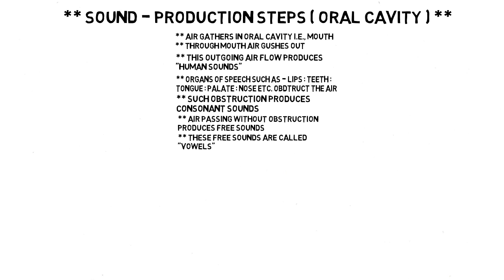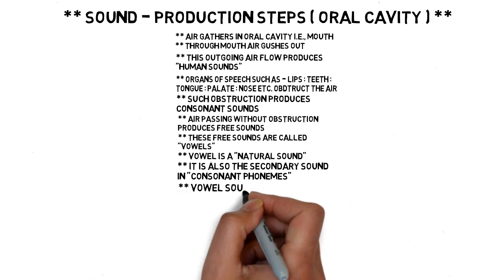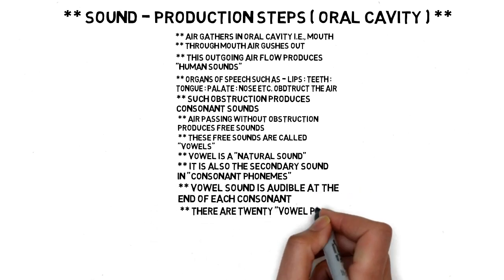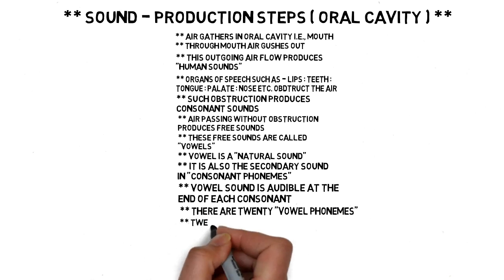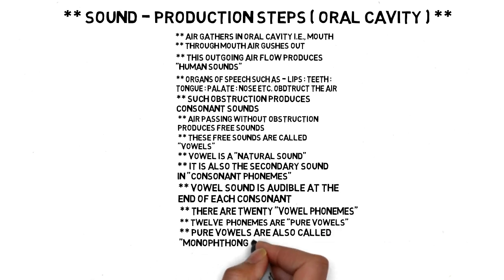In this process, the passing air produces human sounds. These sounds differ from one another according to the manner in which the air moves out of the mouth. If this air is obstructed at any point in the mouth before flowing out, the sound produced is called consonant.